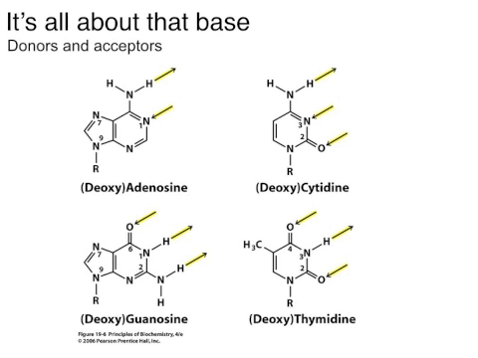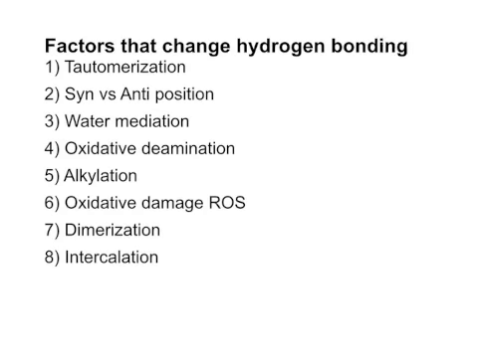But when you change these patterns, when you introduce a hydrogen bond donor where it doesn't belong, or when you take one away, this is what causes problems. Some of the factors that change hydrogen bonding in deoxynucleotides are listed here. There's tautomerization, syn versus anti position of the base relative to the sugar. Water mediation.